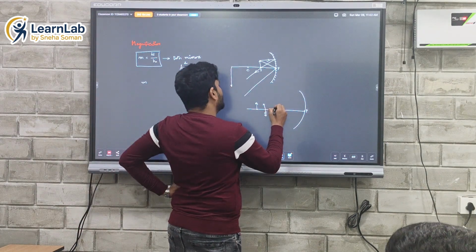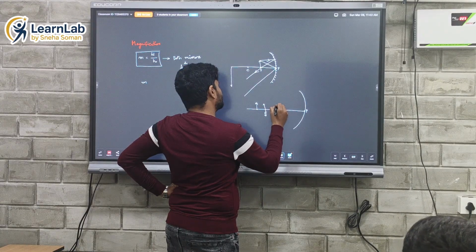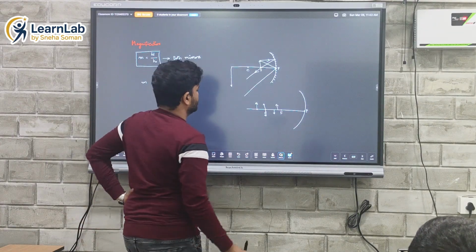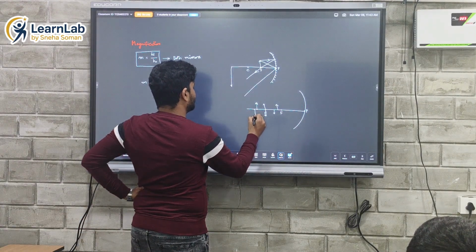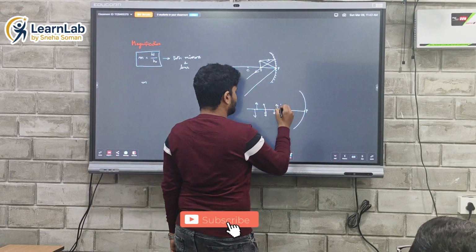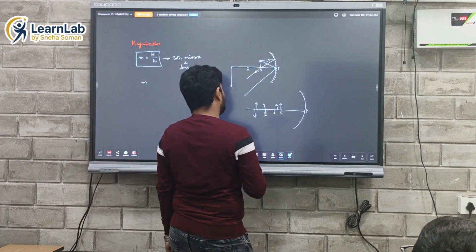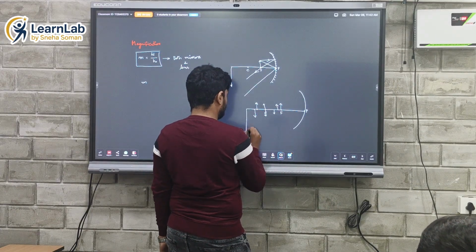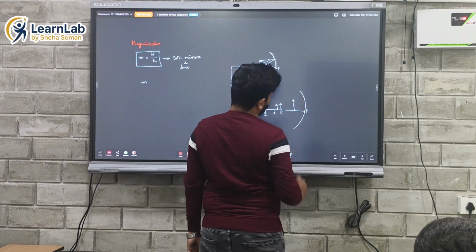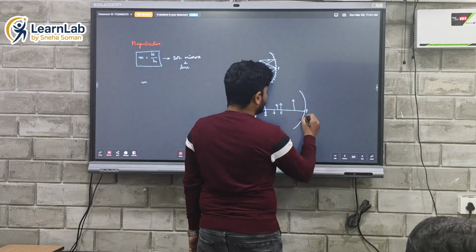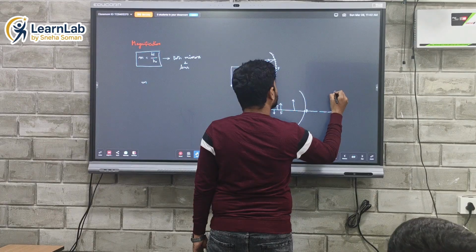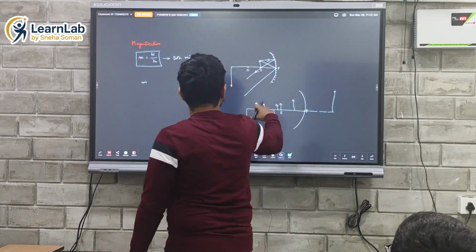Next, if you keep the object between C and F, the image will be beyond C, and enlarged. If you keep it at F, the image is at infinity, highly enlarged. If you keep it between P and F, you get a virtual image which is also enlarged. So this is the master formula.